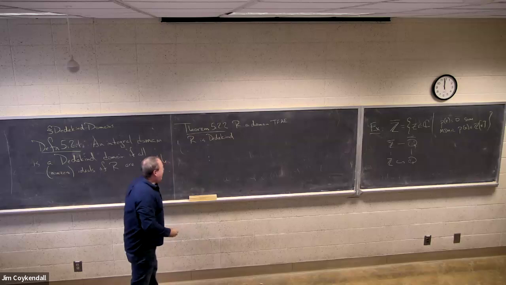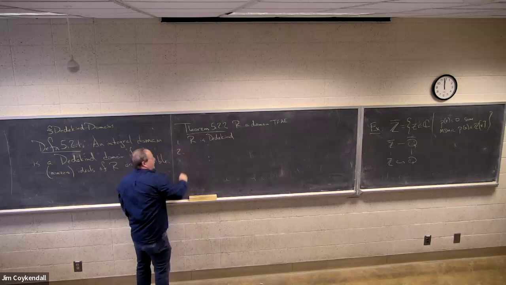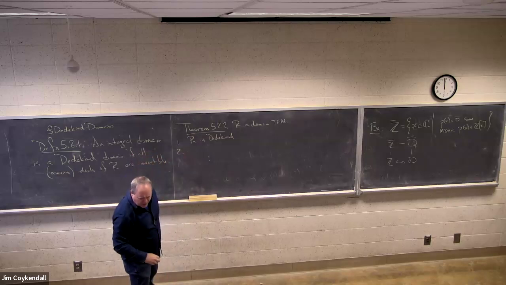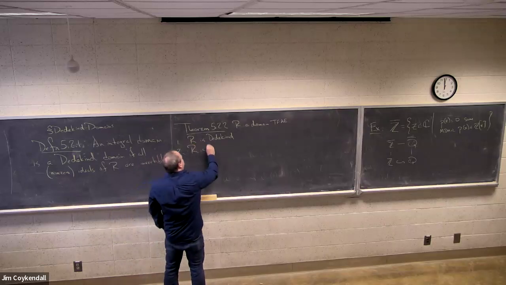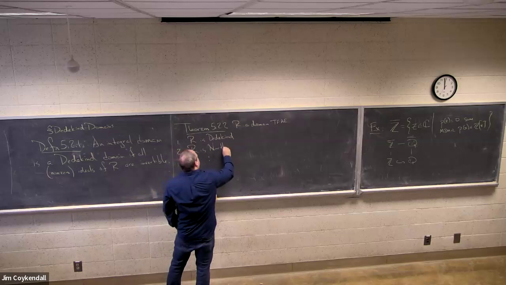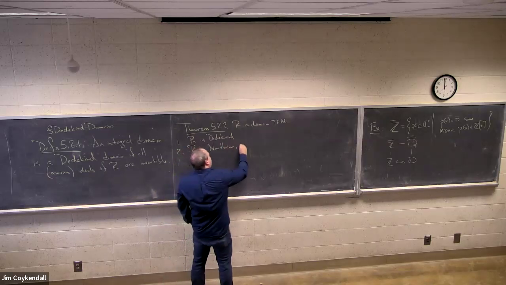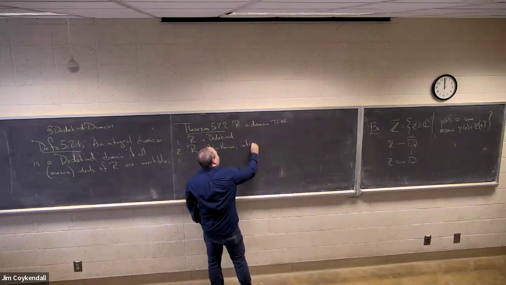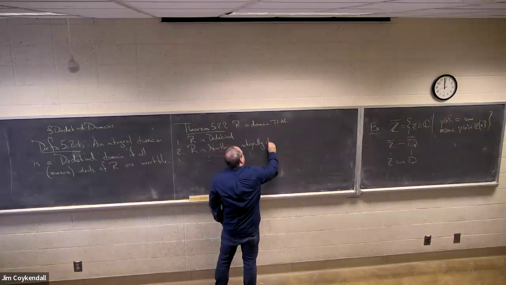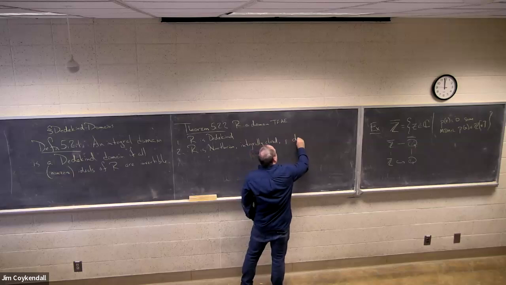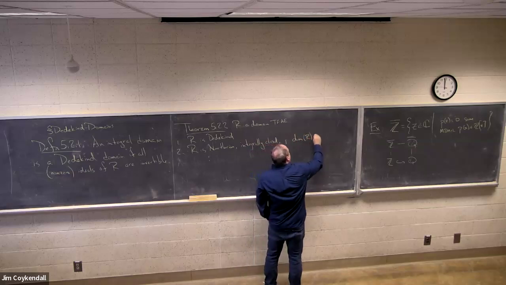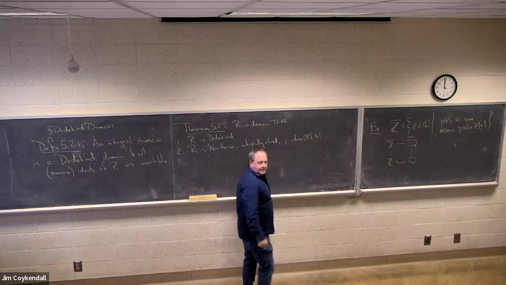That is to say, every non-zero ideal is invertible. Number two, R is Noetherian, integrally closed, and the Krull dimension of R is less than or equal to 1.